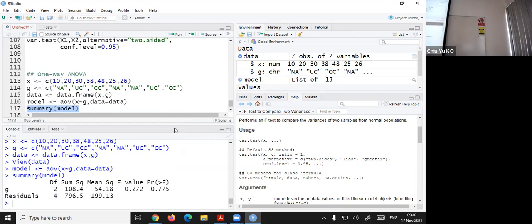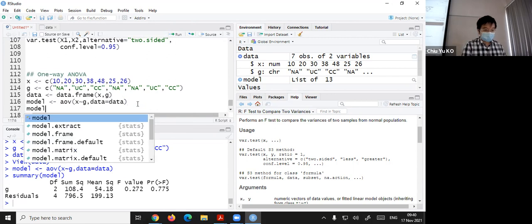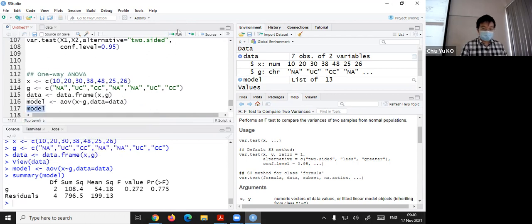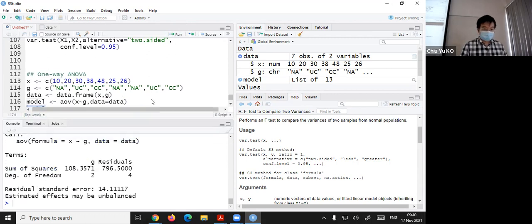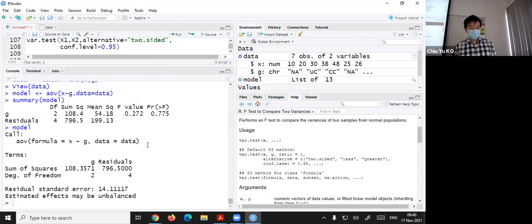Maybe just do the model first, because this just gives a summary. So I think we can do an F test. The model itself gives you everything you need. This is sum of squares, residual, degrees of freedom. Not really nice, but summary actually gives you the Excel output, right? Degrees of freedom, residual.